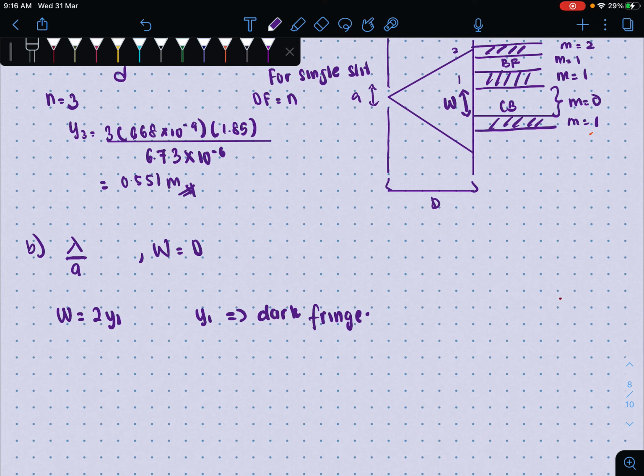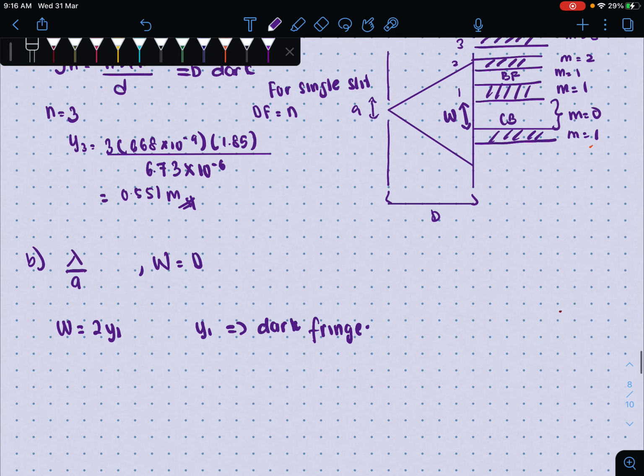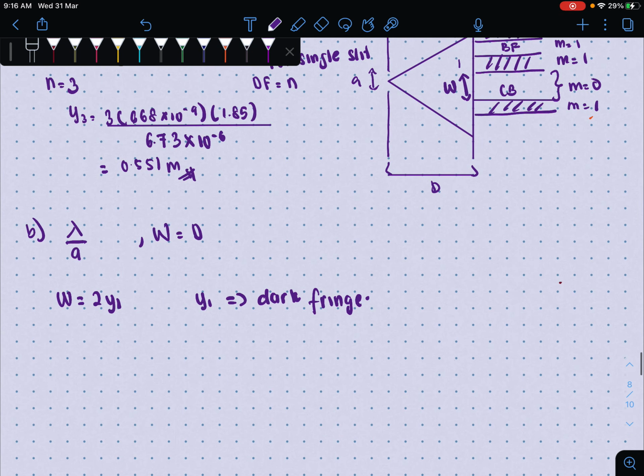Okay, so apa yang kita nak buat dekat sini adalah soalan minta lambda over A dekat sini. So what we are going to do is we are going to find the Y1 dulu. Kita nak cari Y1 dulu.